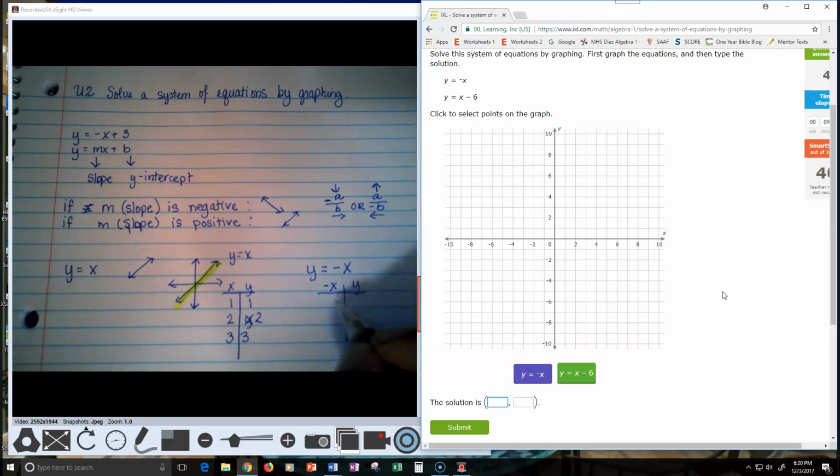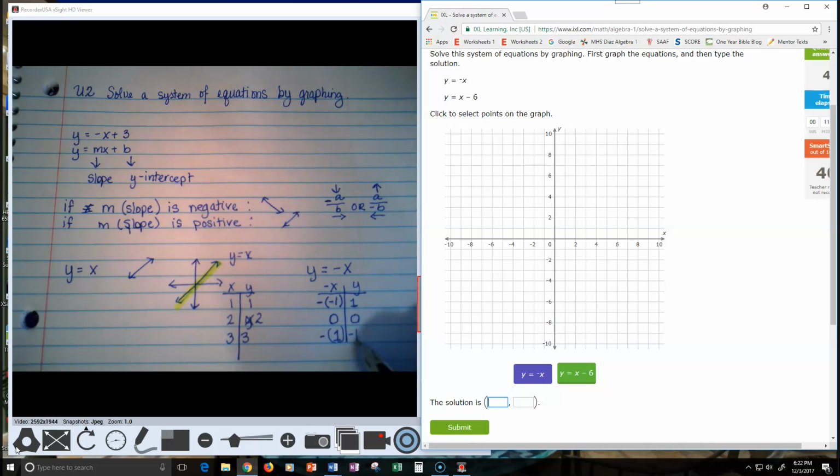So if x is negative 1, then y would be 1. Now, keep in mind this negative 1, that's the value of x. So this negative is this 1, but this negative actually goes with the number. So if x is 0, then y is 0. If x is 1, then I've got this negative out here, then y is negative 1.